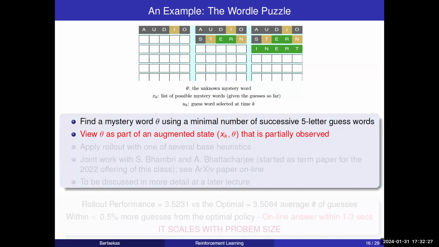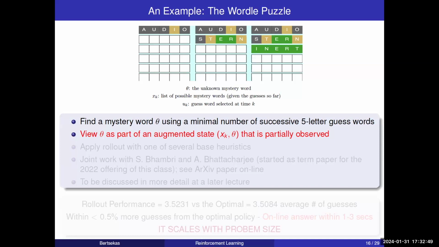So that's the state. And a nice thing about this puzzle is that this list continues to have a uniform probability distribution. So you don't have to maintain a probability distribution over the set of eligible mystery words. All you have to have is the list itself.